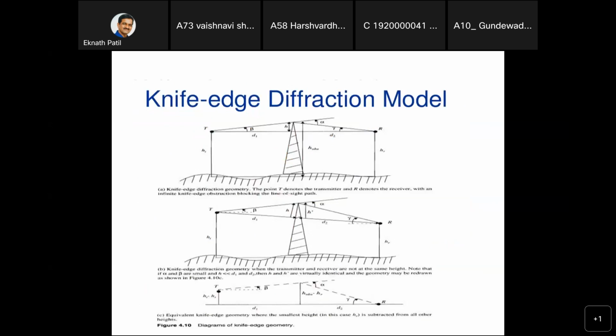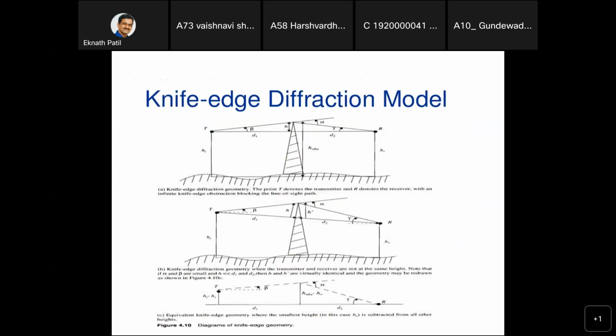In this, many things will become clear. The knife edge diffraction model is basically based only on the multipath fading at the receiver side, how the multipath fading is there, and with the help of that the equations are written.